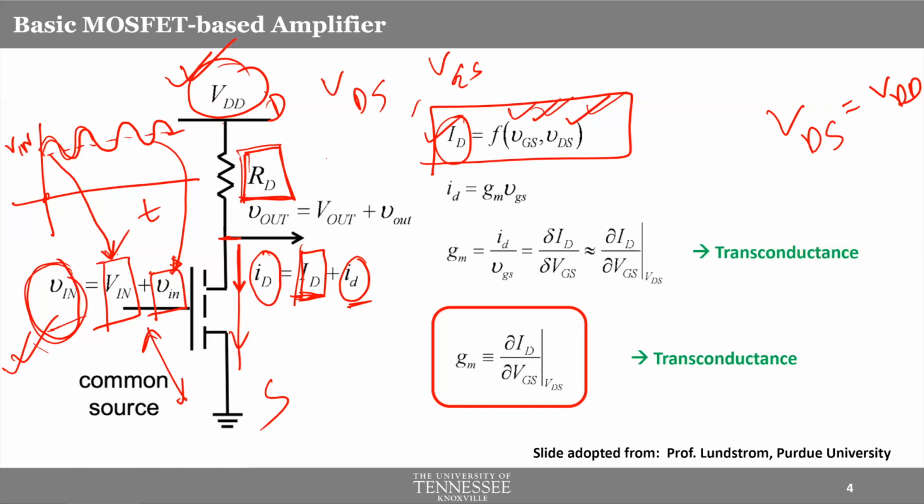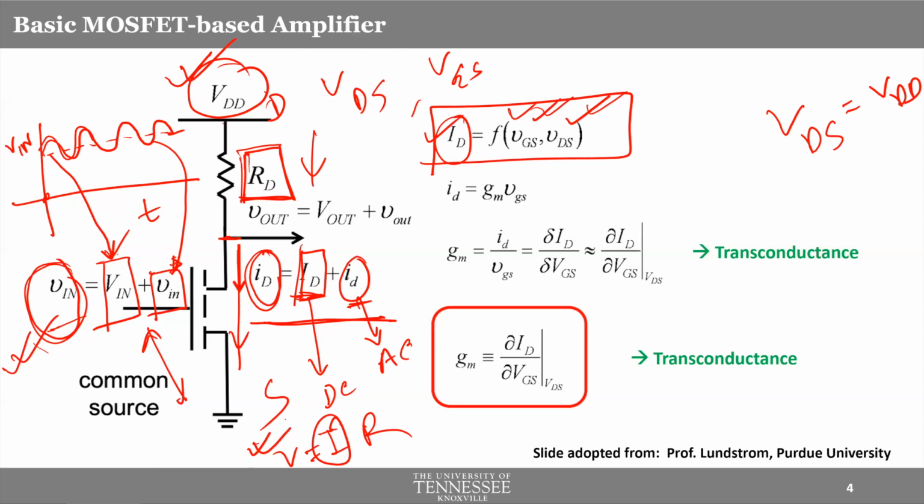When this drain current flows through that resistor, there will be some voltage drop across that resistor, right? And that voltage drop, again, simply because the current has two components, a DC component and an AC component. When the current flows through this resistor, the voltage drop will be nothing but current times resistance, right? And when the current has two components, this voltage created because of the current will also have two components. So the output voltage that you see here will have a DC component and an AC component.